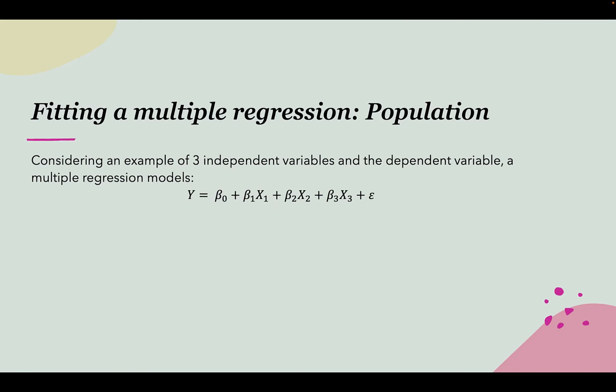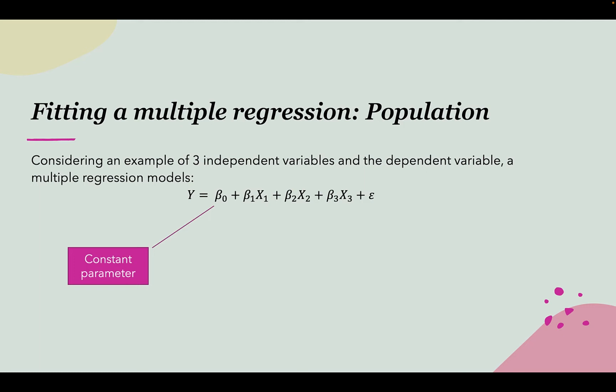All right, so we are going to have a sample of data, and the sample is drawn from a population. The goal of our regression line is to estimate the regression line for the population. So in terms of the parameters, we can see an example here of a multiple regression line with a dependent variable and 3 independent variables, where beta 0 is the constant parameter.